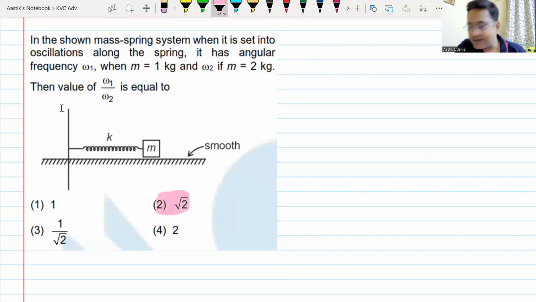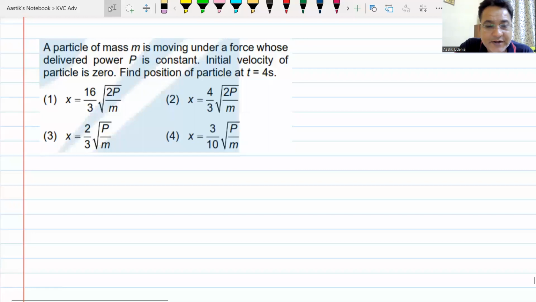That takes us to the next one, from the same paper. A particle of mass m is moving under a force whose power is constant. I think we have done a question like this. Power was constant. Initial velocity of the particle is 0. Find the position of the particle at 4 seconds.